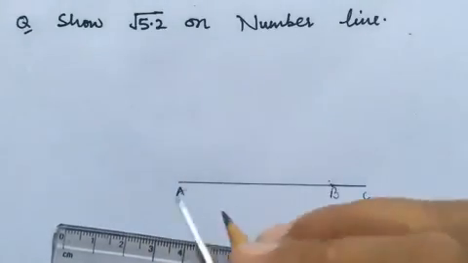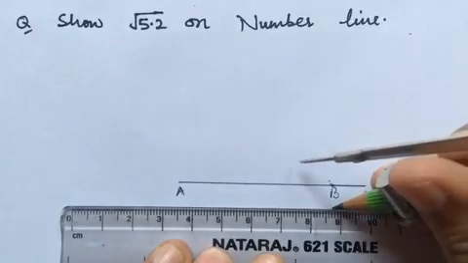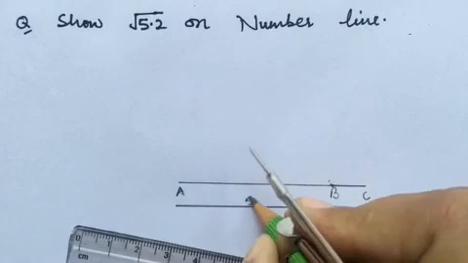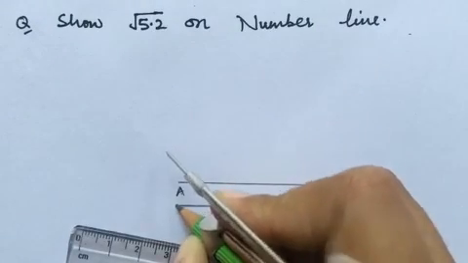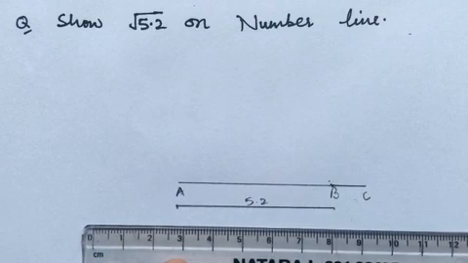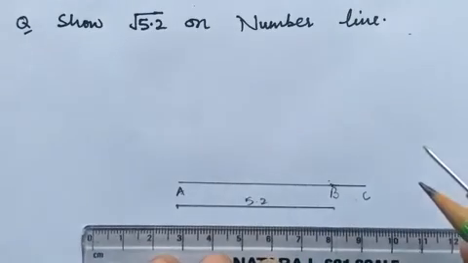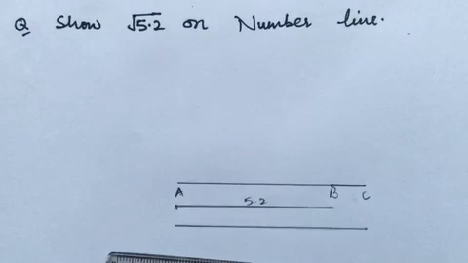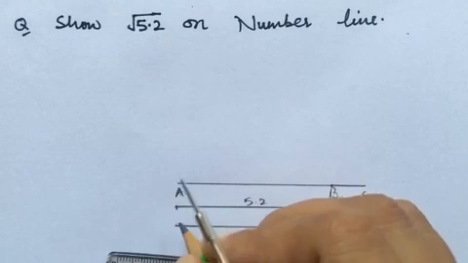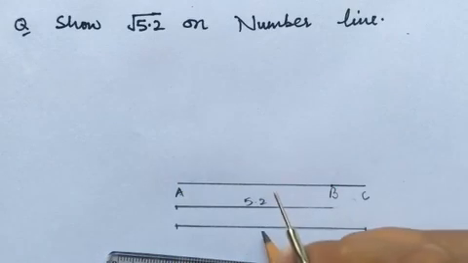So this length is 5.2, and this total length from here to here is 6.2.